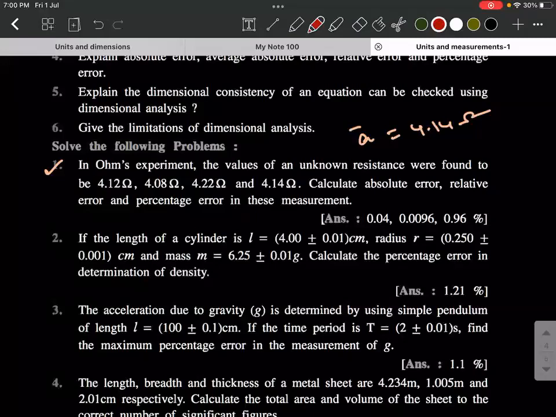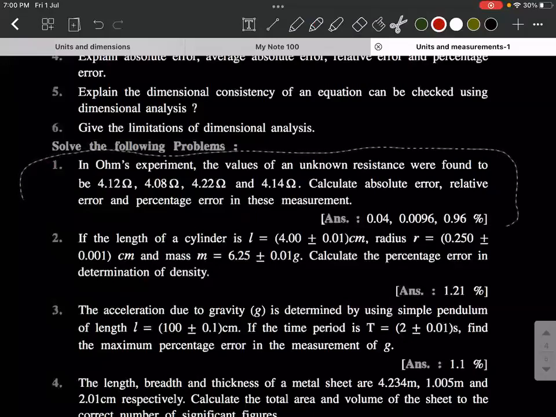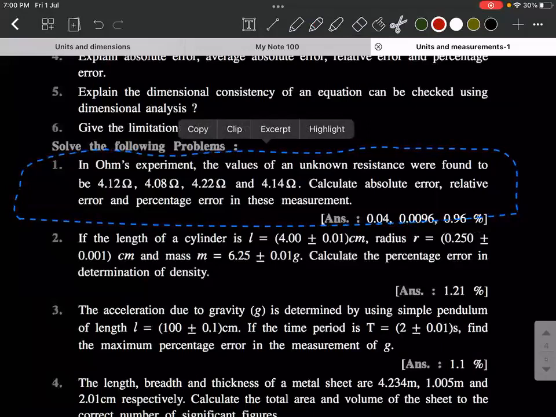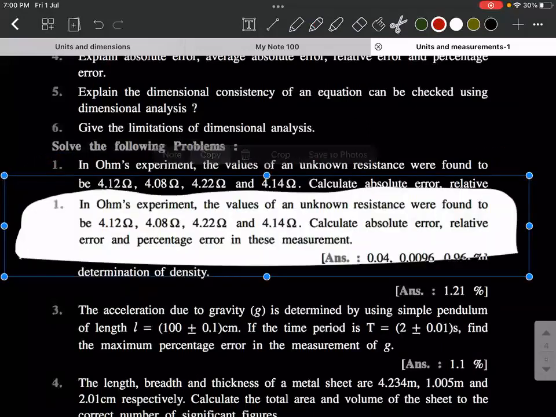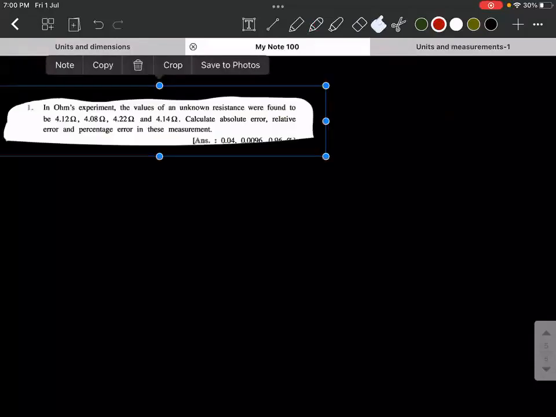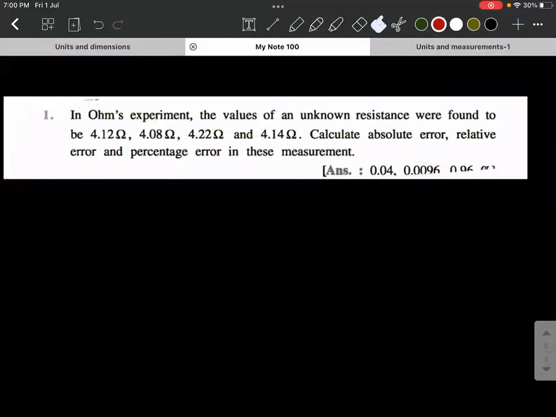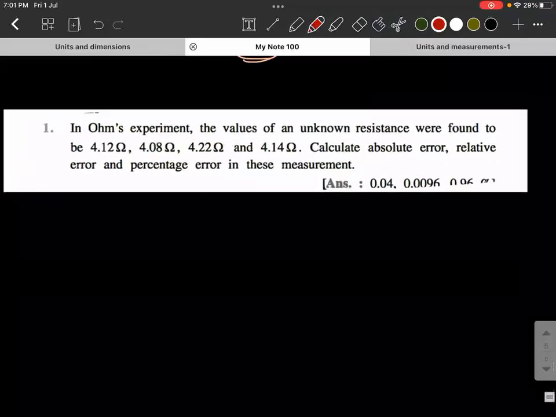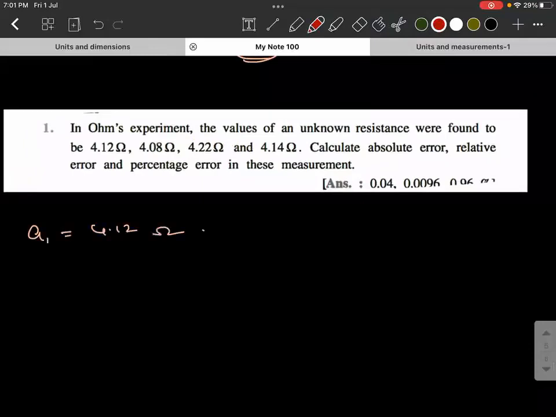So how do you find the absolute error? It's very simple, I tell you. So A1 is 4.12 ohm.